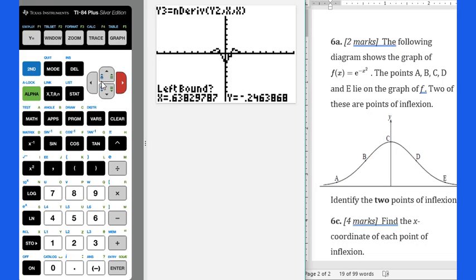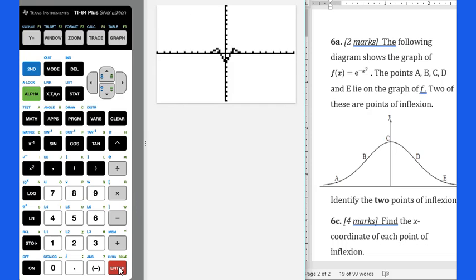Left bound, enter, right bound, enter. So you get the other inflection point. That's at 0.707.